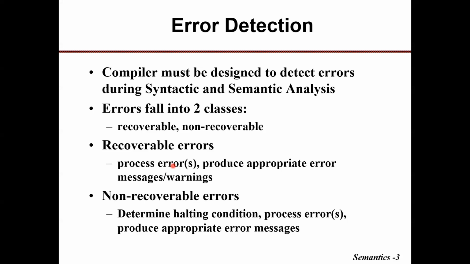You can't start guessing at what the programmer was trying to do, even if it's a typo. Likewise, if you're at the point where you're generating memory addresses or you're trying to apply some other rules that we haven't talked about yet in this phase of the compiler, and you can't figure it out, then you need to halt at this point.